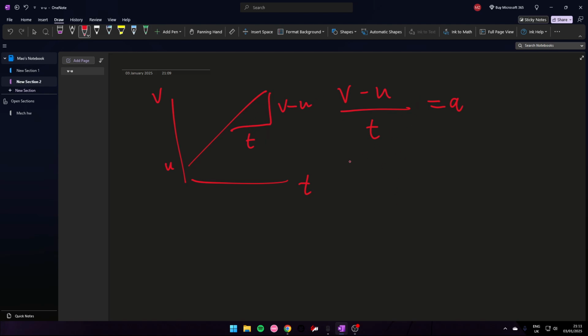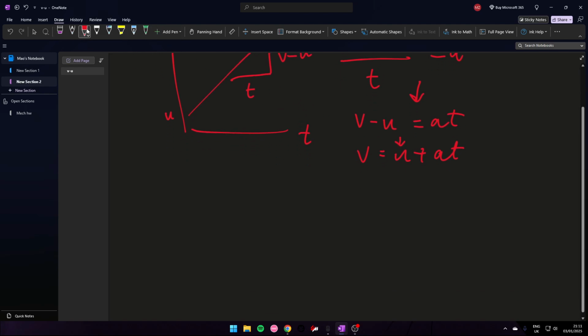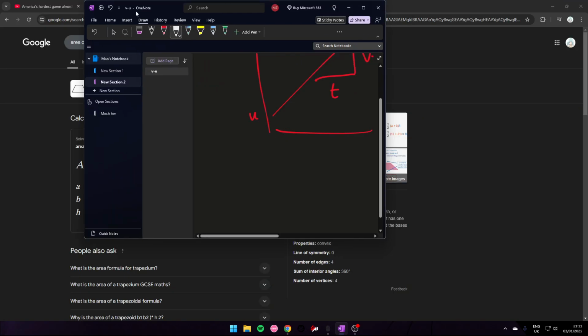Now we can rearrange this to get v take away u is equal to at, and then we're left with v is equal to u plus at. That's the first equation done. We can tick that off.